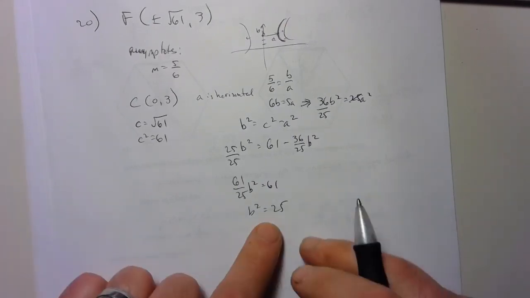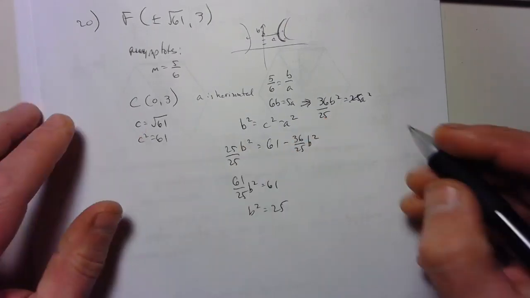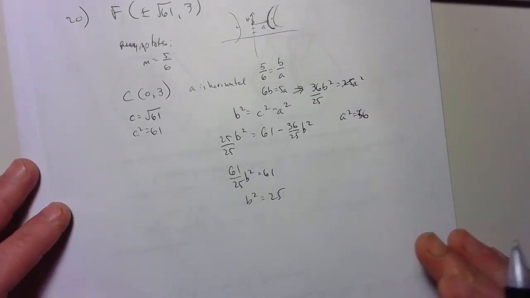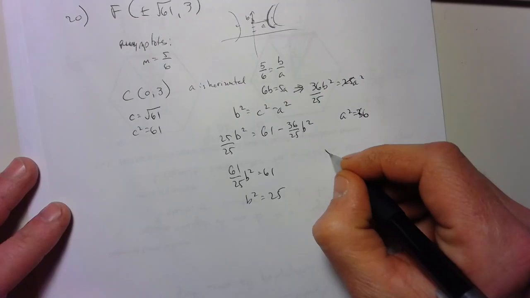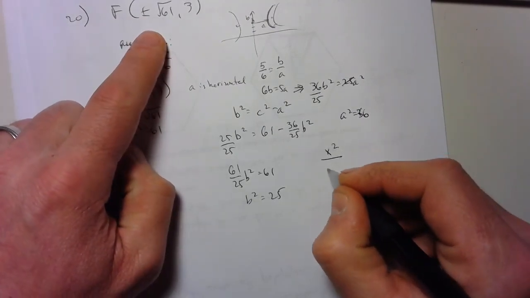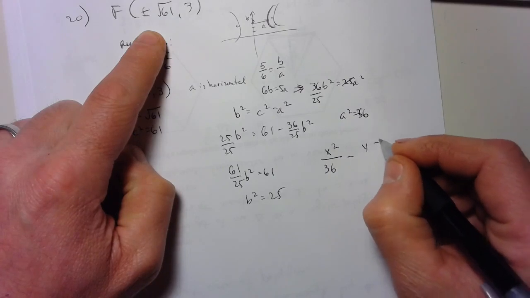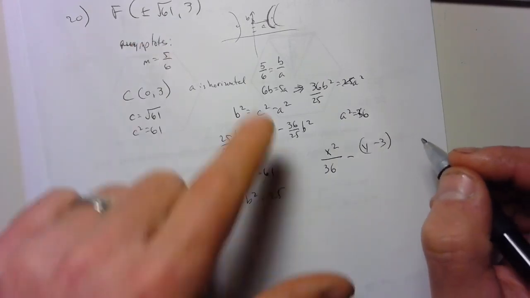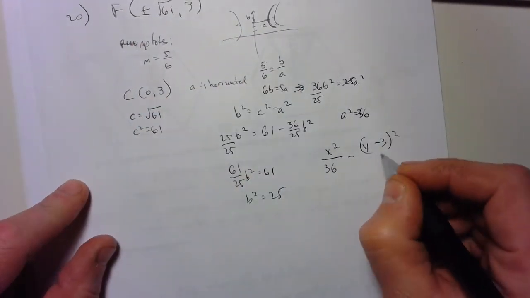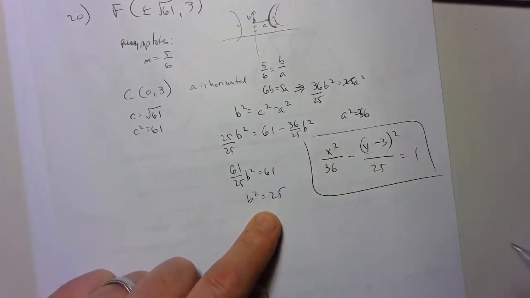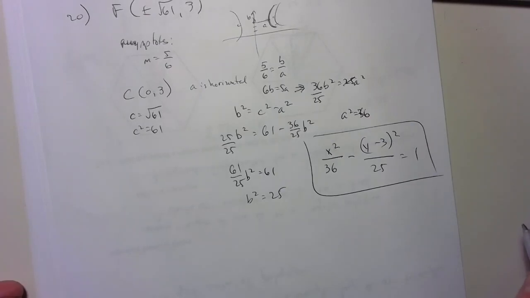I can plug that in right here, and then I'll get a squared equals 36. Hey, equation. Game over, right? x squared over 36 minus (y minus 3) squared over 25 equals 1, since my center's at 0, 3. Game over. We're done.